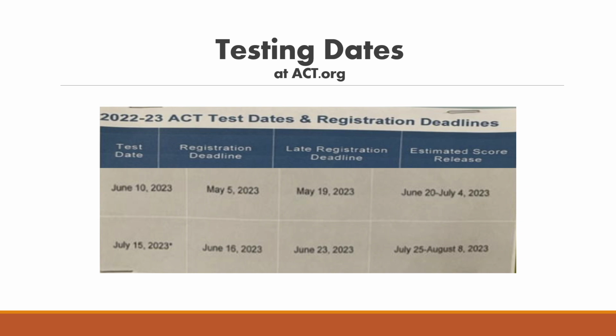And then if you take the test June 10th, you have an estimated score release time of June 20th to July 4th. So it is over a week after you take the test minimum that you might get a score back, and up to a month actually that it could be to get a score back.